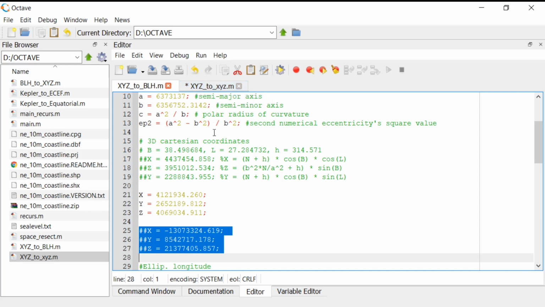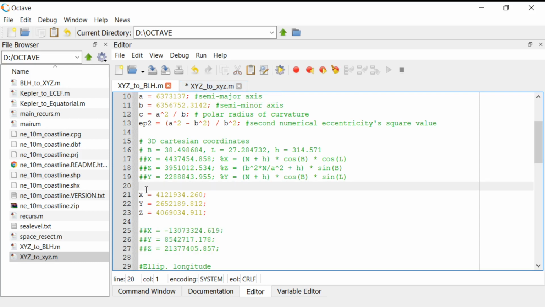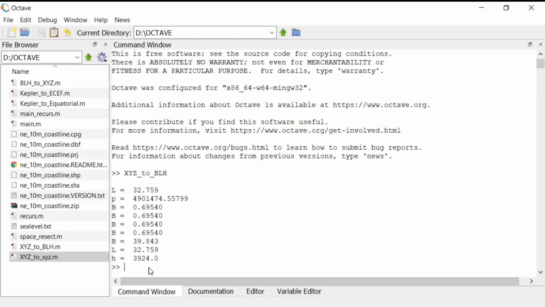I copied and pasted the x, y, and z coordinates of my standing point here, and if I give these coordinates, then I will obtain the latitude, longitude, and h.